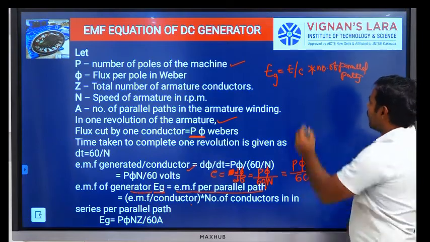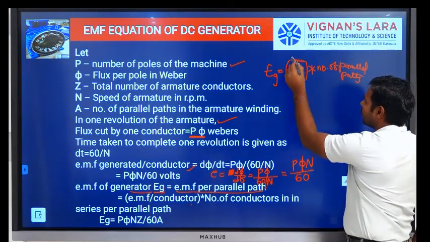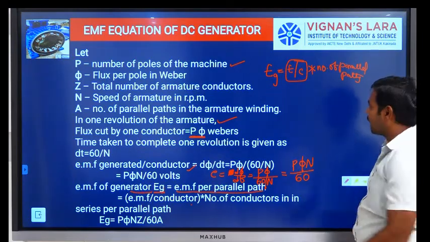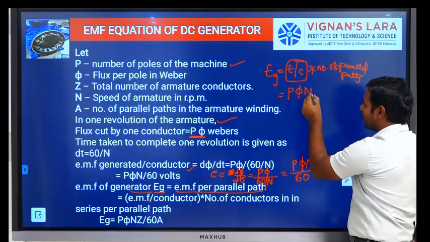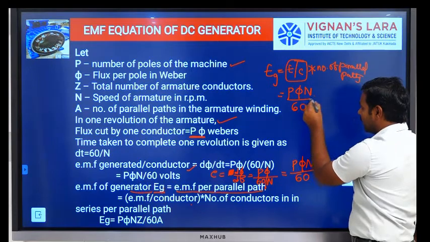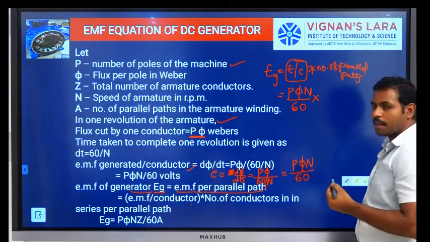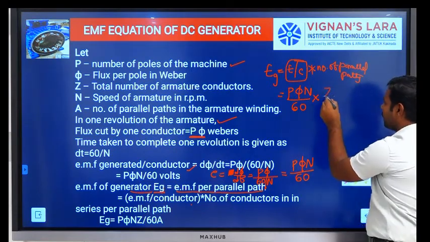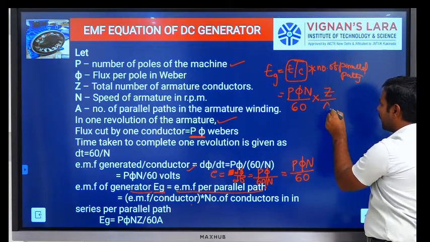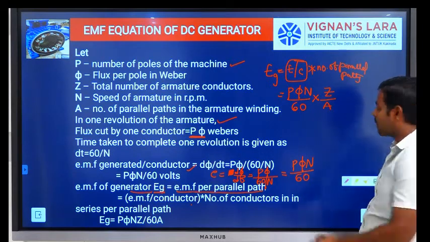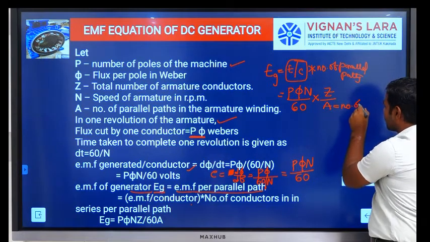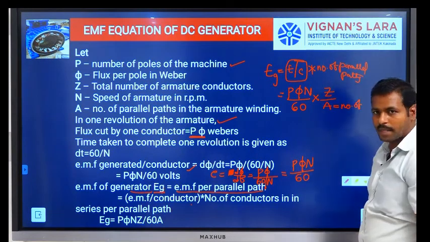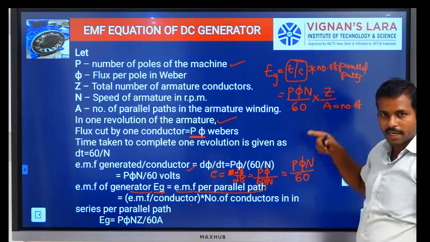We already calculated the generated EMF per conductor as P into phi into N divided by 60, into the total number of conductors divided by A, that is Z by A, where A is the number of parallel paths and Z is the total number of conductors.